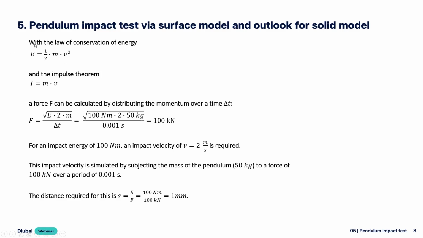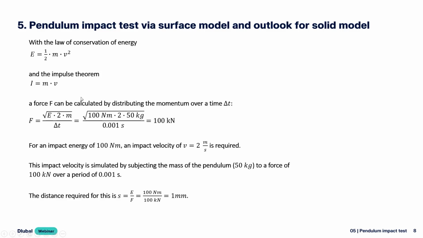With that, the law of conservation of energy, together with the impulse theorem, we can calculate a force F. I left out some intermediate steps, because the force F can be derived from the impulse change over time.